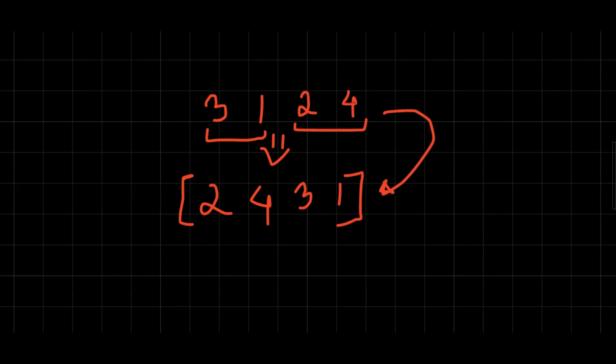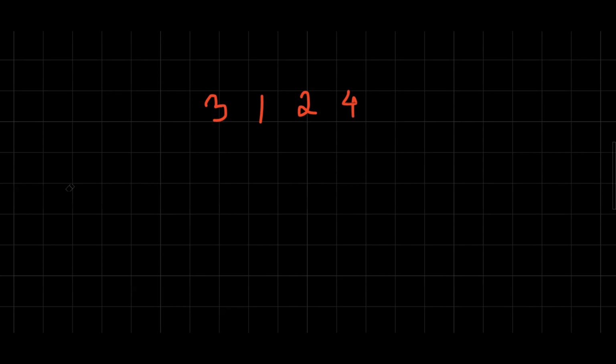Now, the question is, how can we solve this problem? Typically, at the first glance, we can solve this problem by using a simple iterative approach. That means we have to iterate all of the elements from left to right.